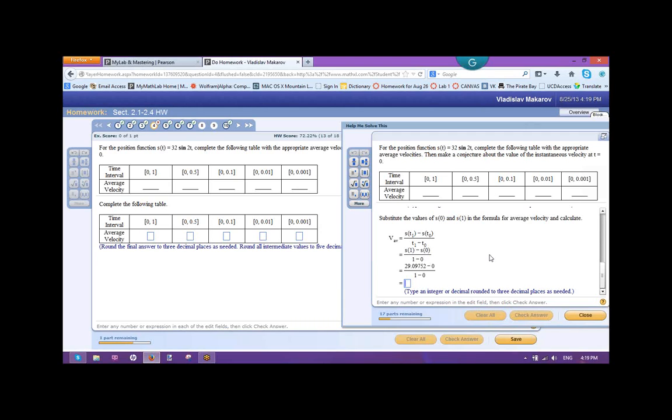Oh. Okay, that's what they ask us now for average velocity. As you can see, type an integer or decimal rounded to 3 decimal places. Okay. Go ahead and type that same answer in. Well, 29.098 should now be correct.